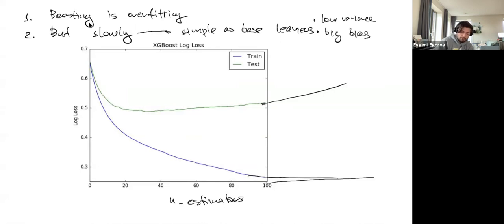Then when we sum them all up, we reduce the loss much further than we overtrain.